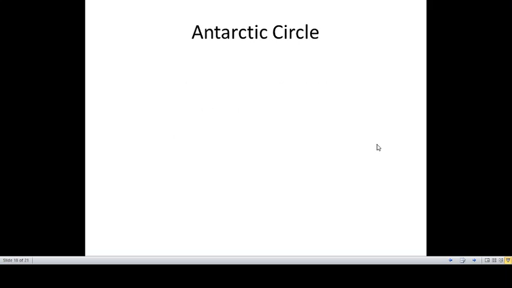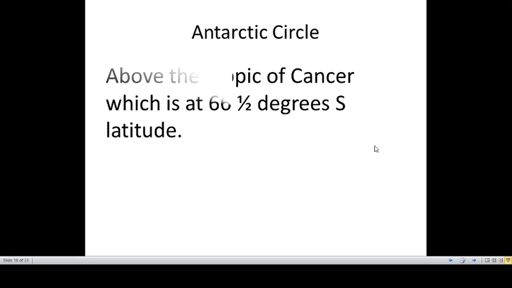While the Antarctic Circle measures 66 and a half degrees south. Okay, 66 and a half degrees north is the Arctic Circle, while the Antarctic Circle is 66 and a half degrees south.